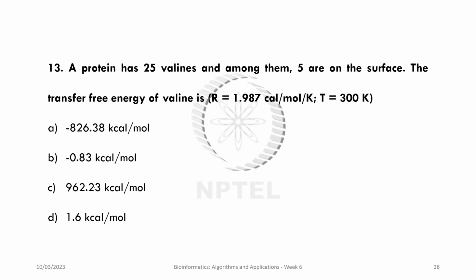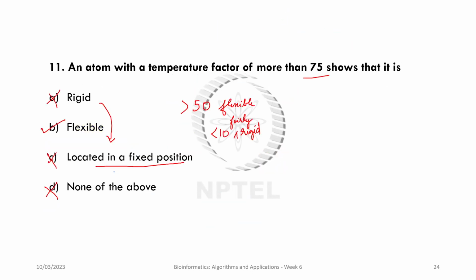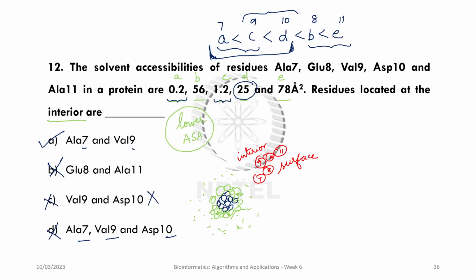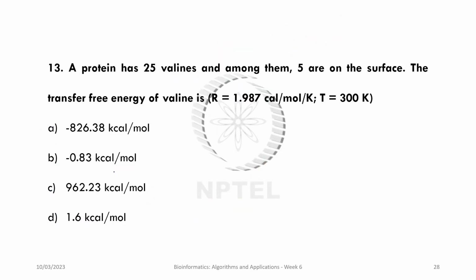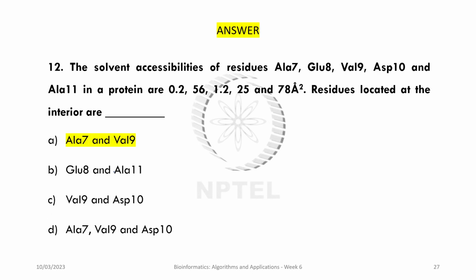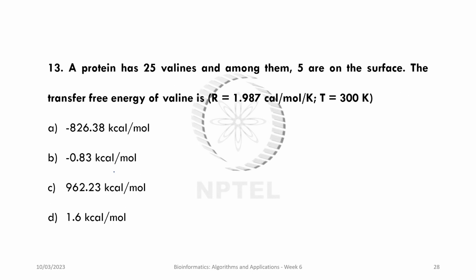Is there a maximum or minimum? So you can go with the buriedness factor, like how we saw here. There is no set number for something like a B factor, but here it depends on the surface area of the protein also, right?